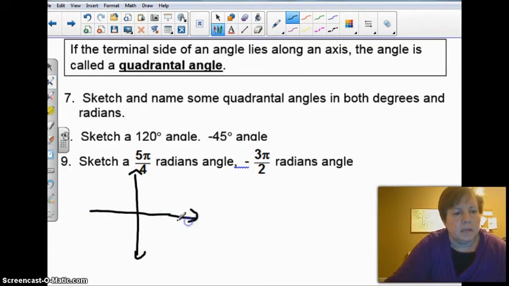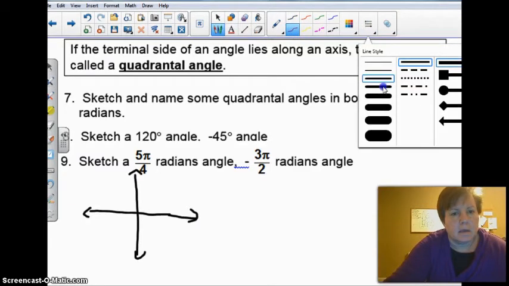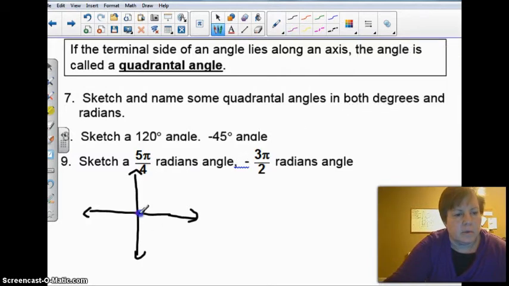Okay, now radians we're not as comfortable with, so let's keep in mind that we're always going to start at the positive x-axis, so I'm going to come from the origin out this way.